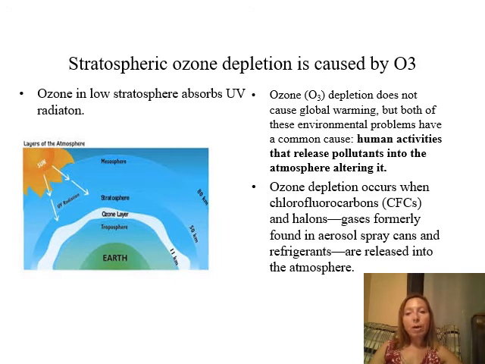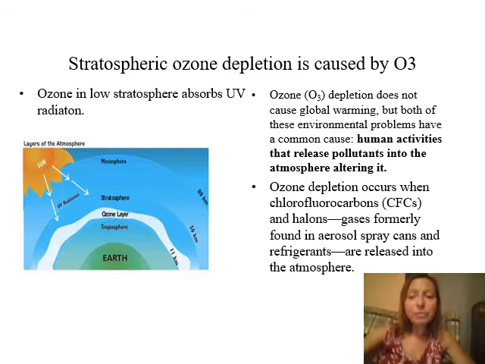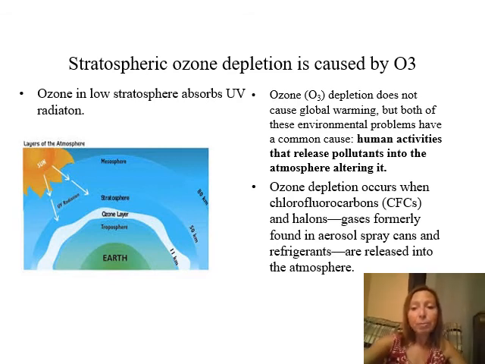We worry about the destruction of the natural ozone in the stratosphere. It's important because it absorbs ultraviolet radiation and it protects us, it protects the biosphere, it protects life on our planet from the harmful impacts of ultraviolet radiation.